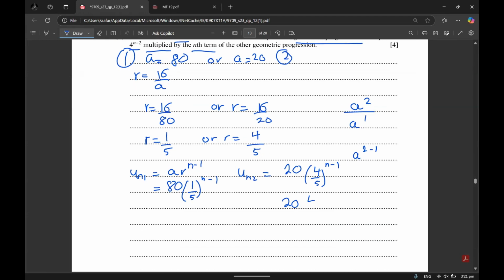So we can say 4 over 5 power n divided by 4 over 5.